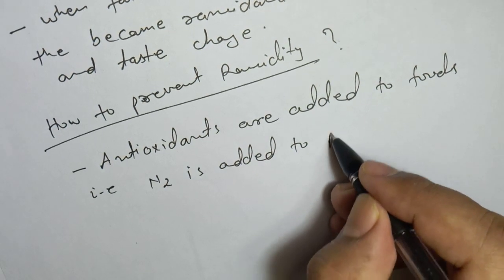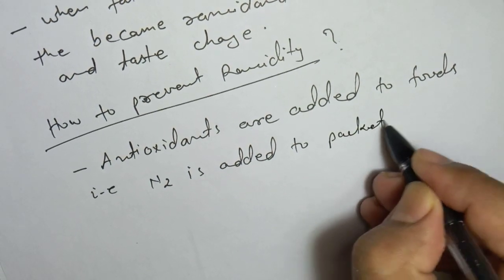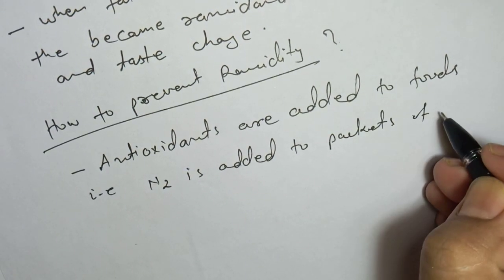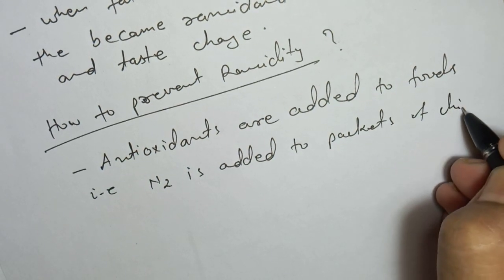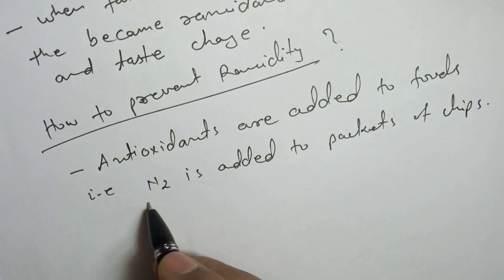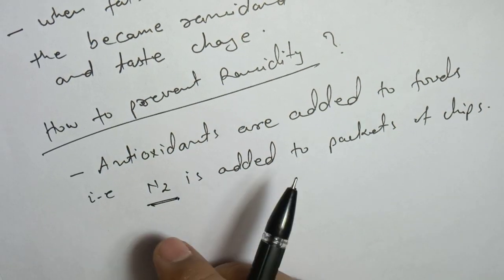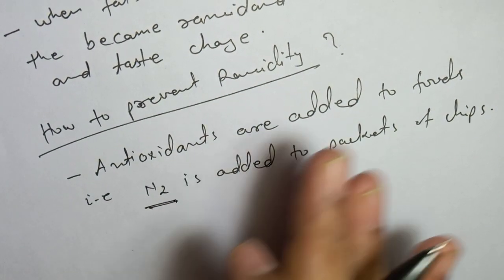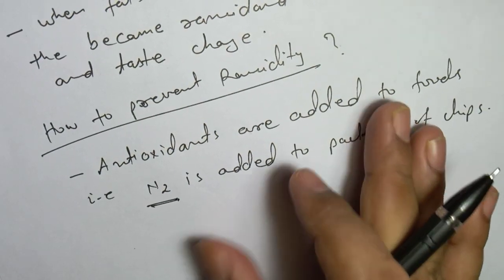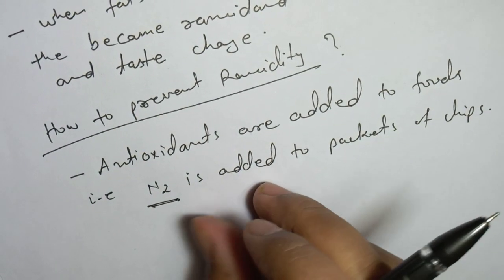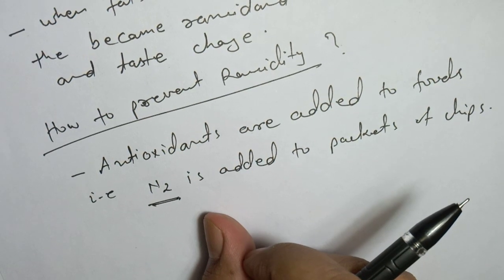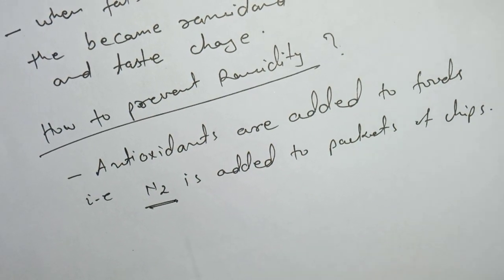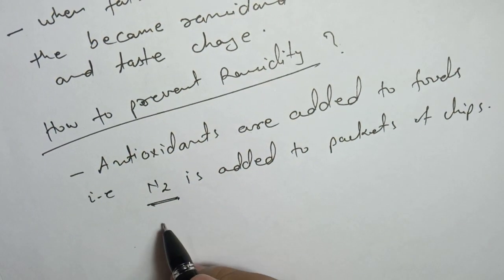Yes, added to packets of chips. So yes, N2 is very commonly used just to save the food. So air is flushed out and nitrogen is added. Okay, so yeah.